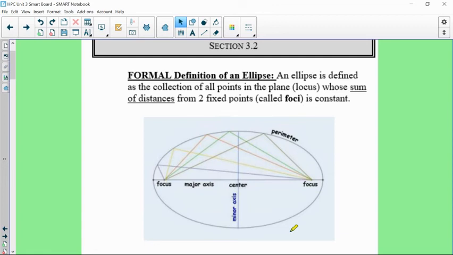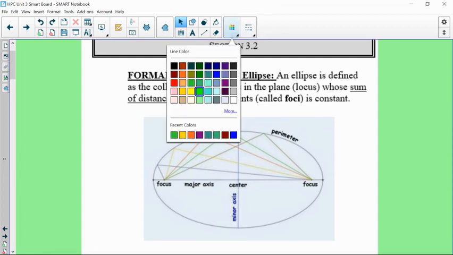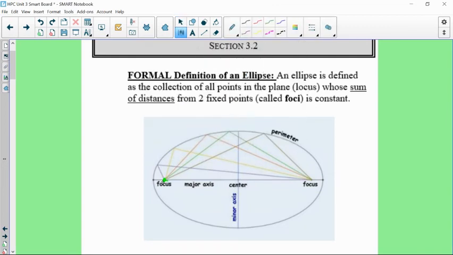And so you can see in the picture here, you do have a point here and a point here, which is the focus. And if you pick any point on the ellipse, let's say I pick this point right here, and you measure this distance and this distance, right? Whatever that distance is, it's going to be the same no matter where you're at on the ellipse.